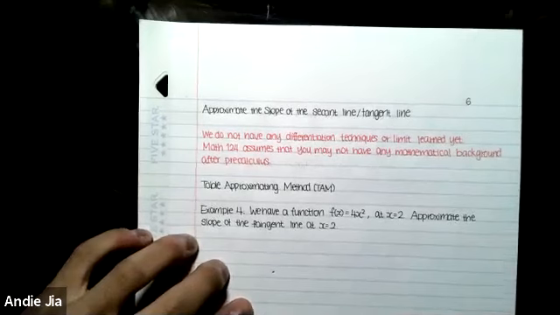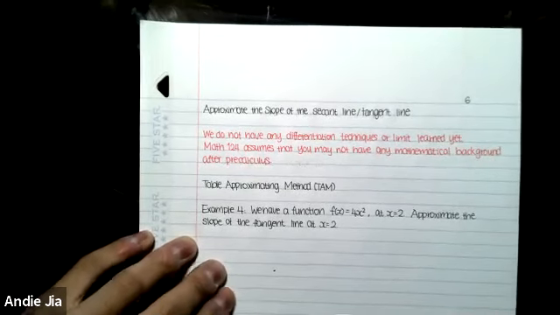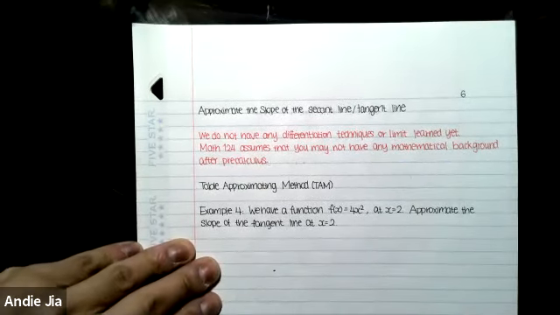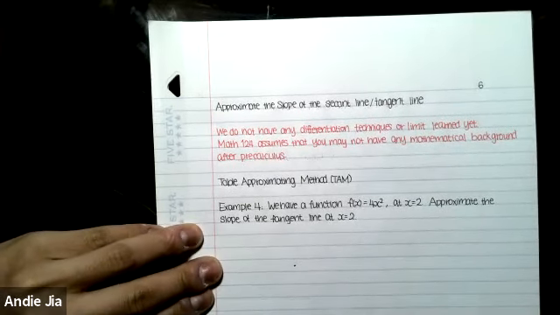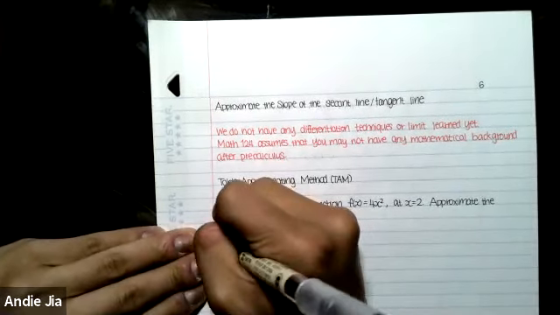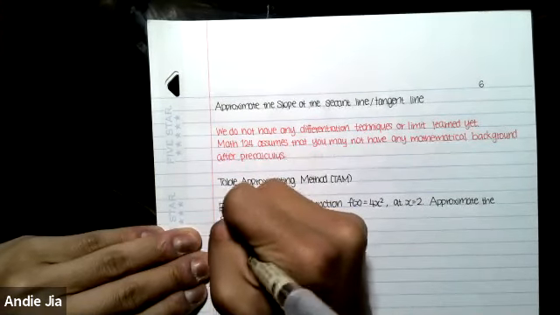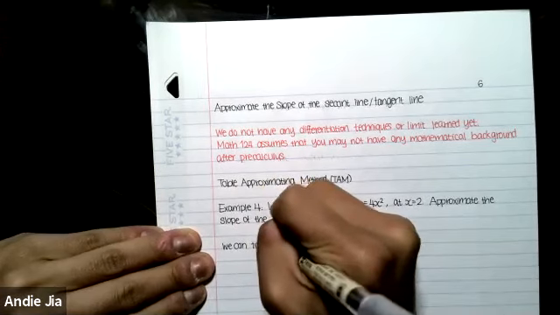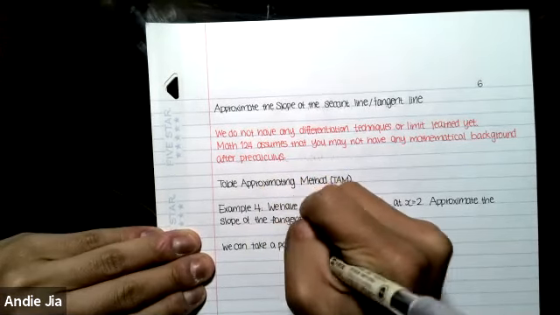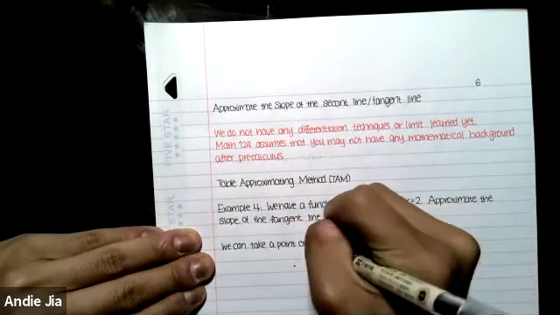So what we do is list a table. We take the nearest points on the curve f of x.